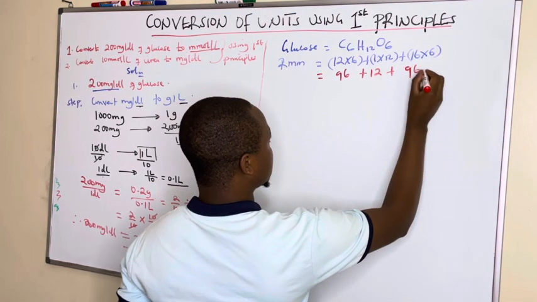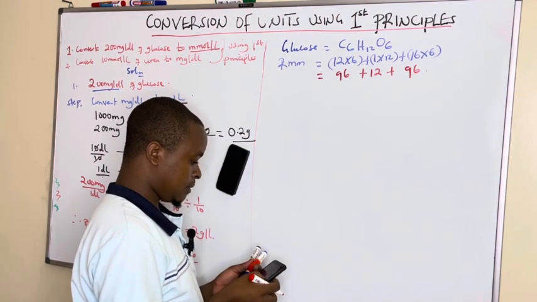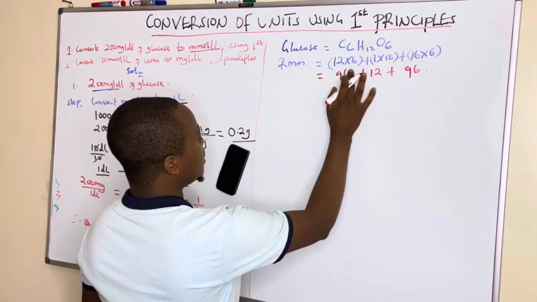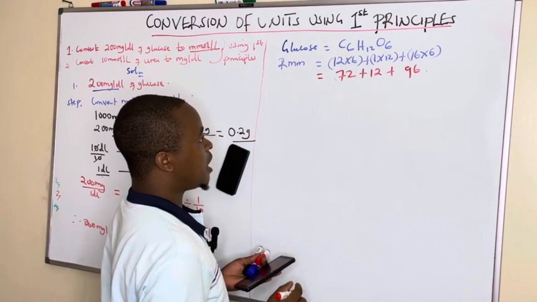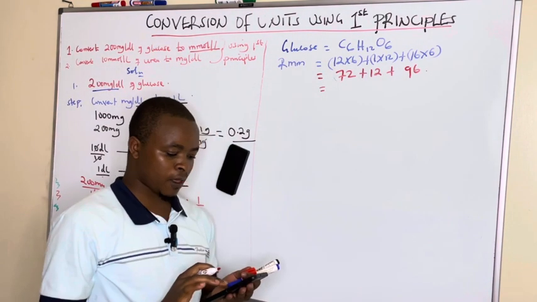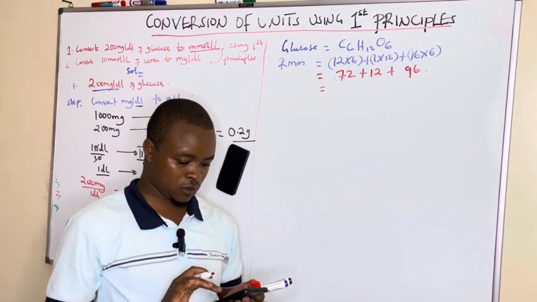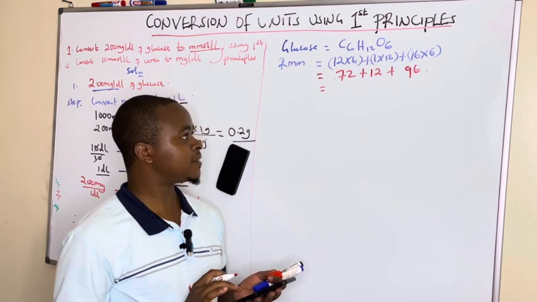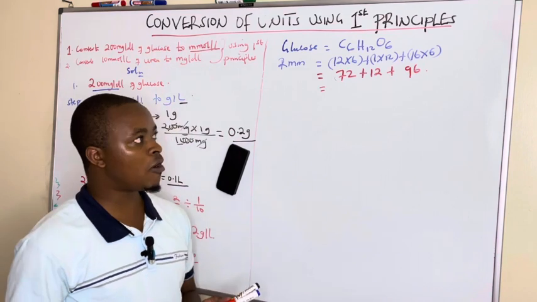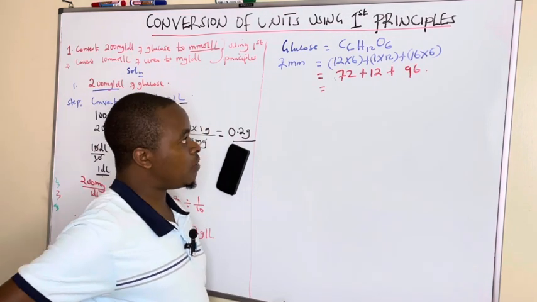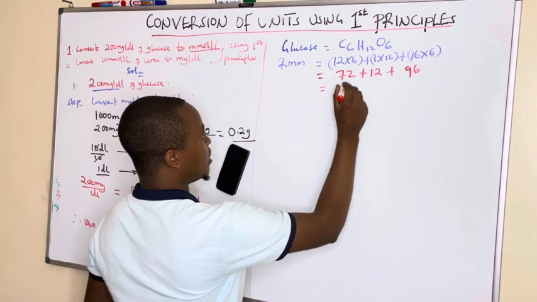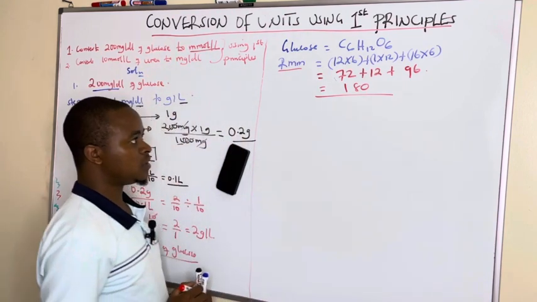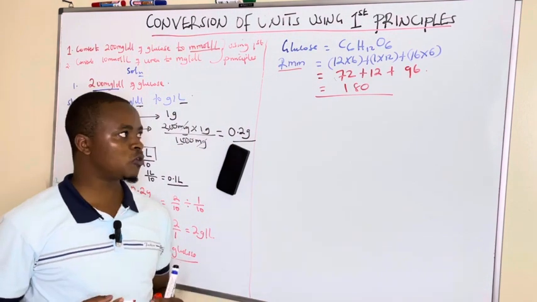When we add all this, 72 plus 12 plus 96, we get 180. So we are getting 180 as the relative molecular mass of glucose, and since it is relative, we don't put a unit.